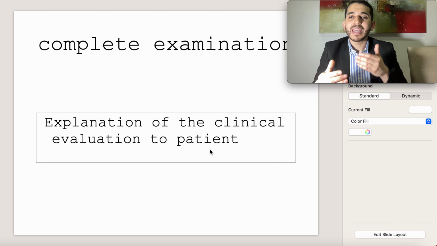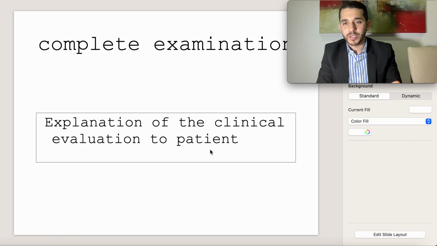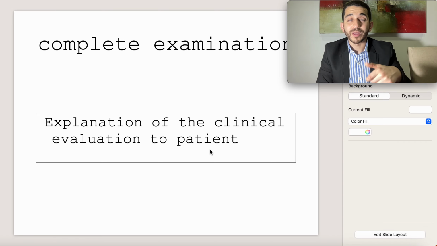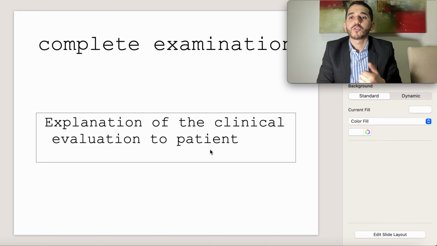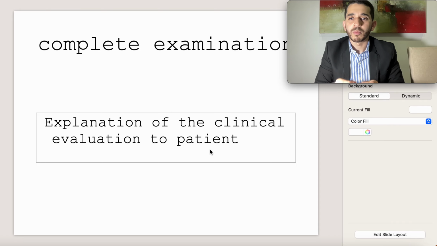You start educating your patient on what you are going to look for in the clinical evaluation. So when the time comes when you explain what you found in the patient, he won't be surprised. He already knows what you are looking for. Because remember, great clinicians are great diagnosticians. And to be a great diagnostician, one must be a great examiner first.